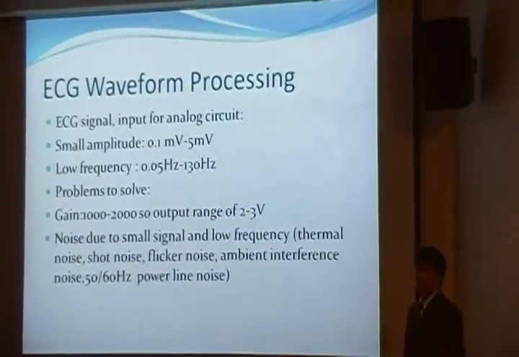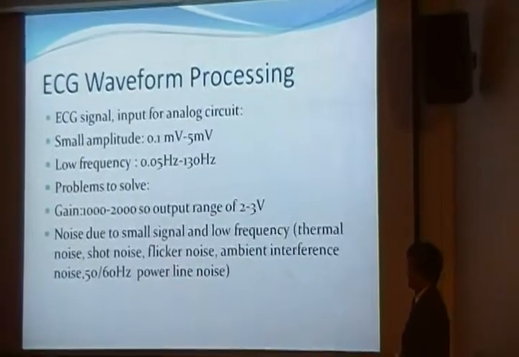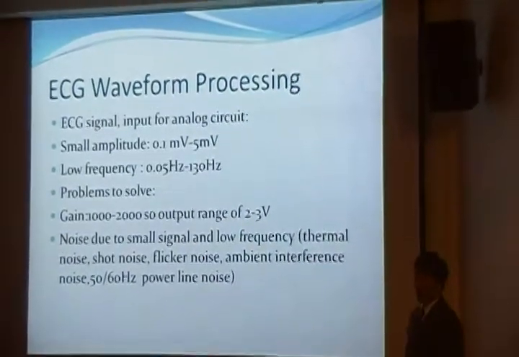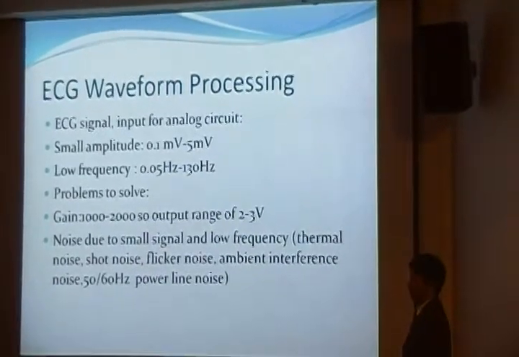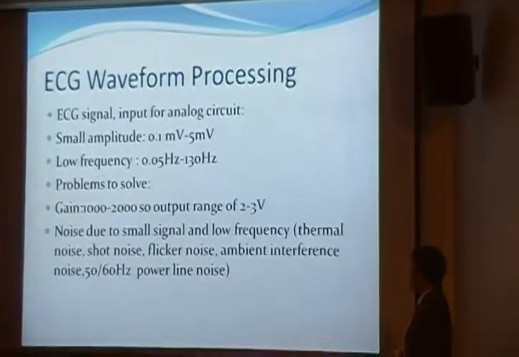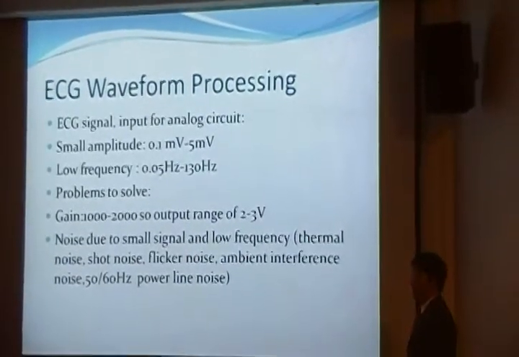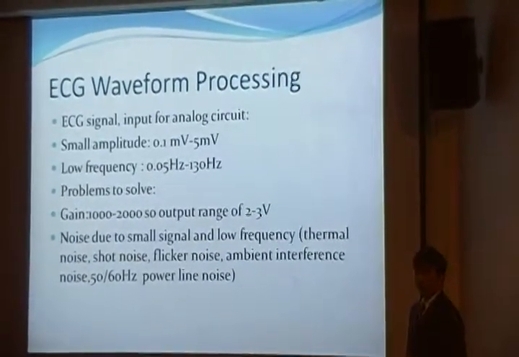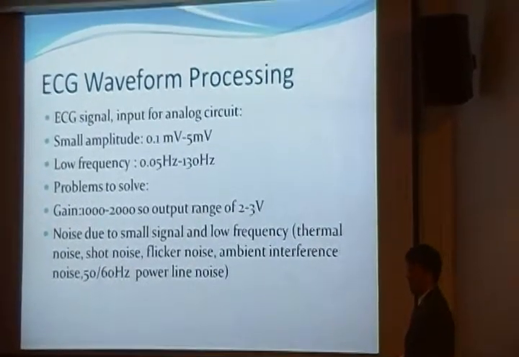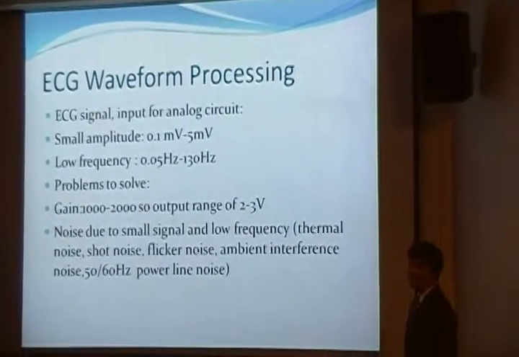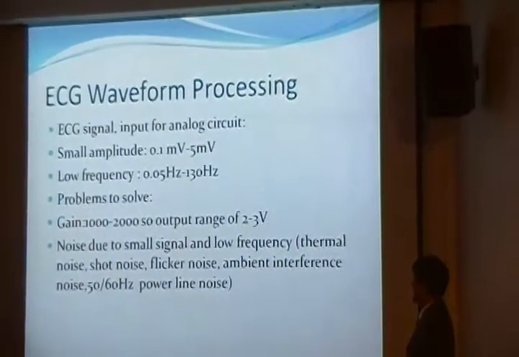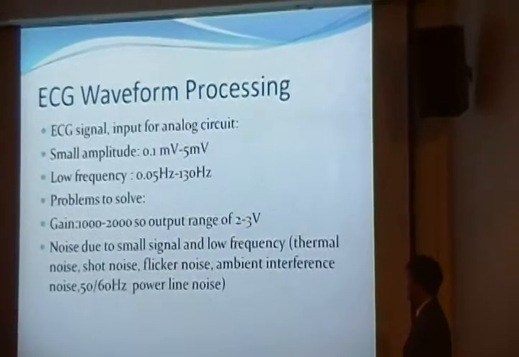With this small input, we have two challenges. First, we need to provide a minimum gain of 1,000 to get an output range of 2 to 3 volts. Next, we have to reduce the noise that comes together with the input, like thermal noise, shot noise, flicker noise, and interference.